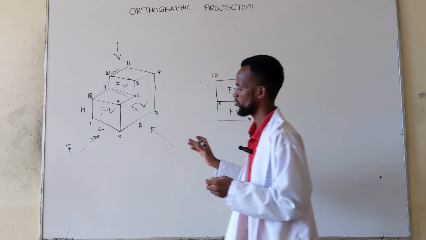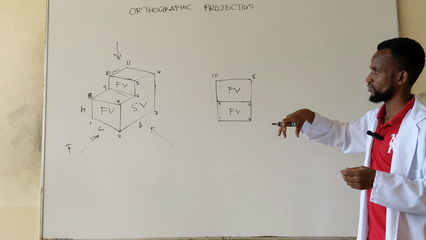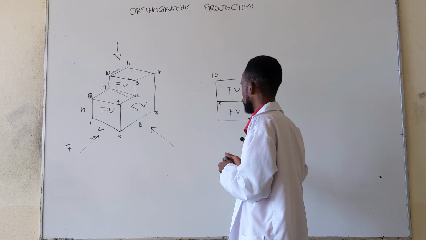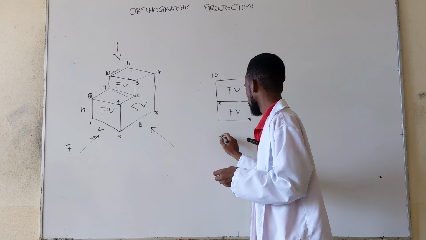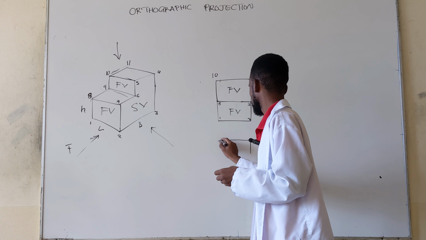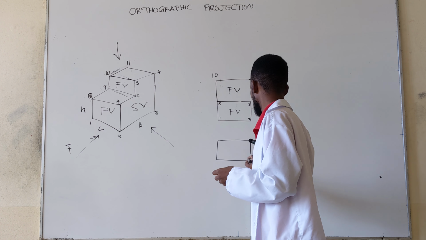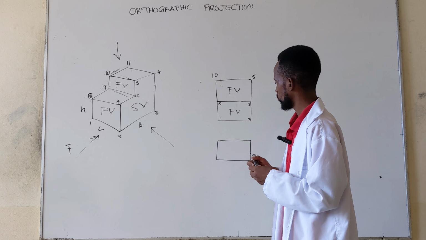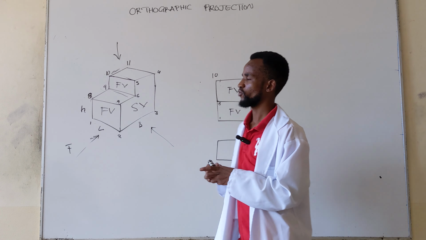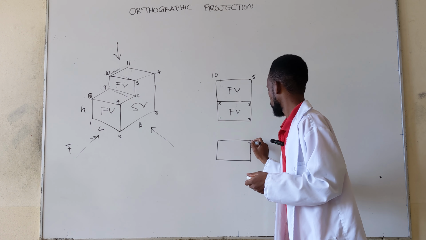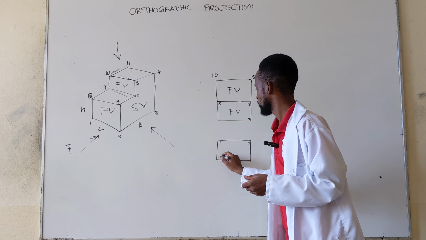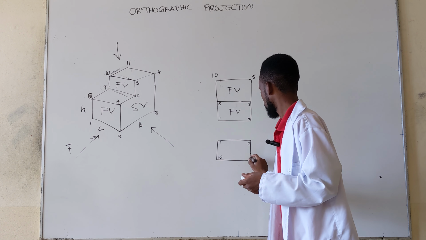Before we go to the end, let's go to the top first of all. When we look at it from the top there, we'll be able to see a box like this, which is this one here, right? So this one will be 4, 11, 10, and 5.